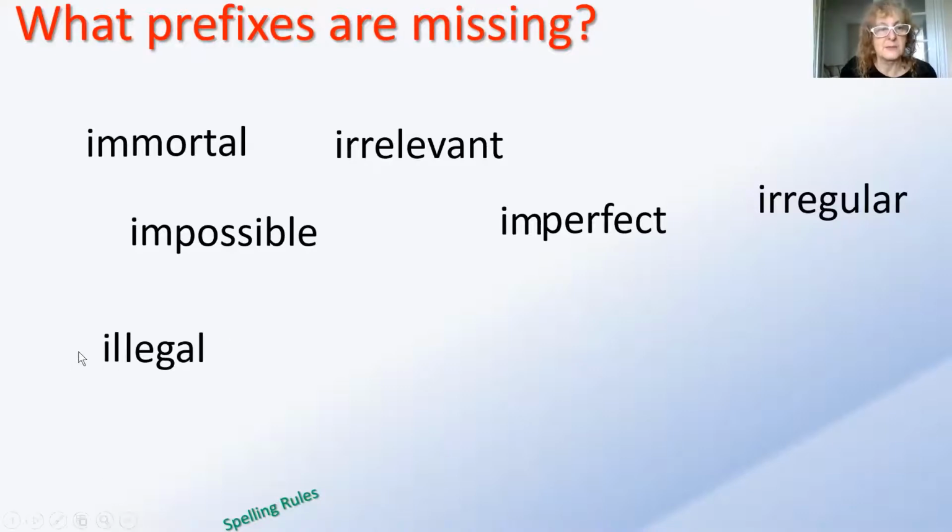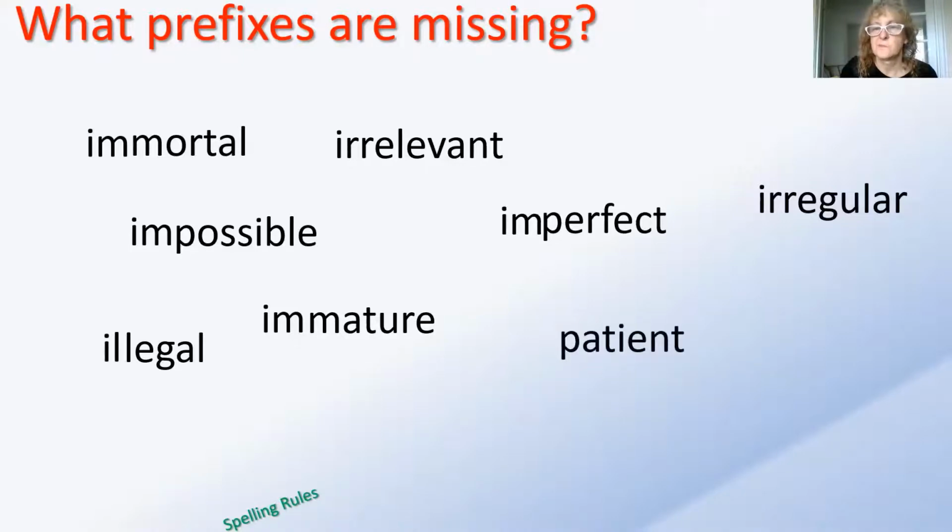Did we get that one right with the ill because it starts with the L? Yeah. A mature. He was a very mature man. Or was he immature? Was he the opposite to being immature? Patient. I've got lots of patience. Patient person. Or impatient. Remember that P with the M. Correct. Did you get them correct or incorrect?